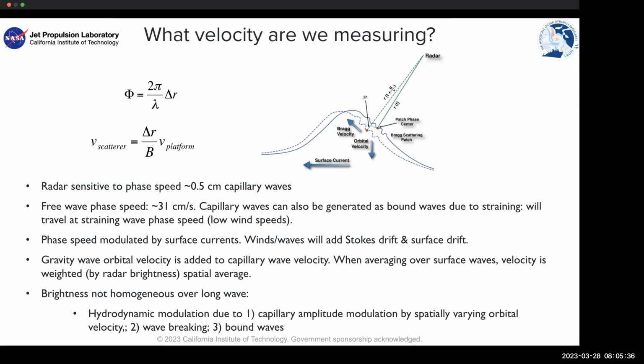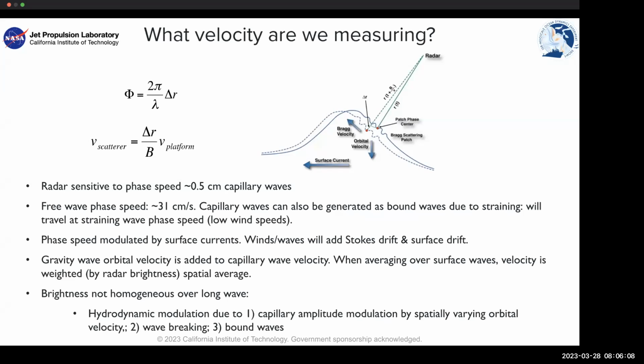radar is sensitive to Bragg waves. These are resonant waves. They have an intrinsic speed of about 31 centimeters per second. So we can at least expect to subtract that out from the currents. They're, of course, affected by the currents, but they're also generated by other waves. When you have high curvature, you have parasitic capillary waves that are generated by these other waves.